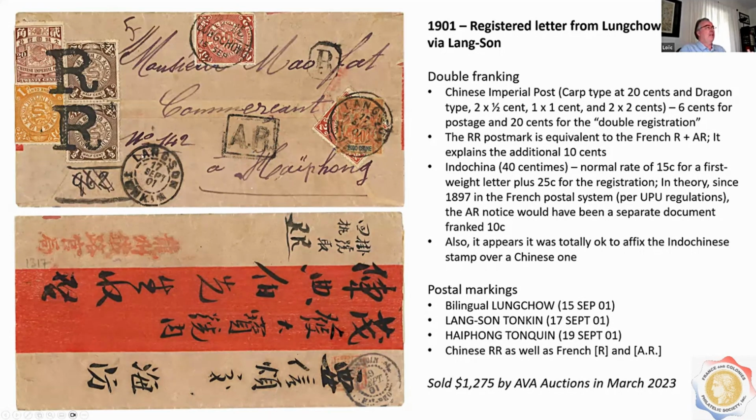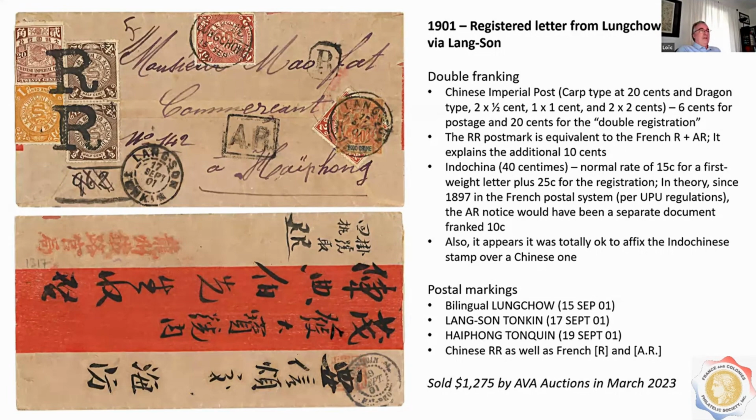And you have here again, I think, 20 cents here plus 1, 2, well, that's 22, 24, 26. So 26 cents for this one. So you have basically 6 cents for postage and 20 cents for the double registration.